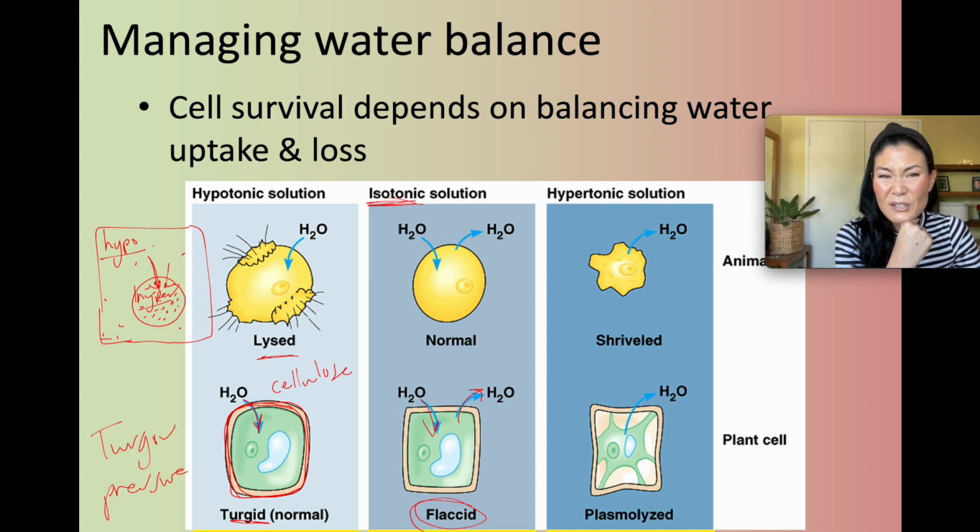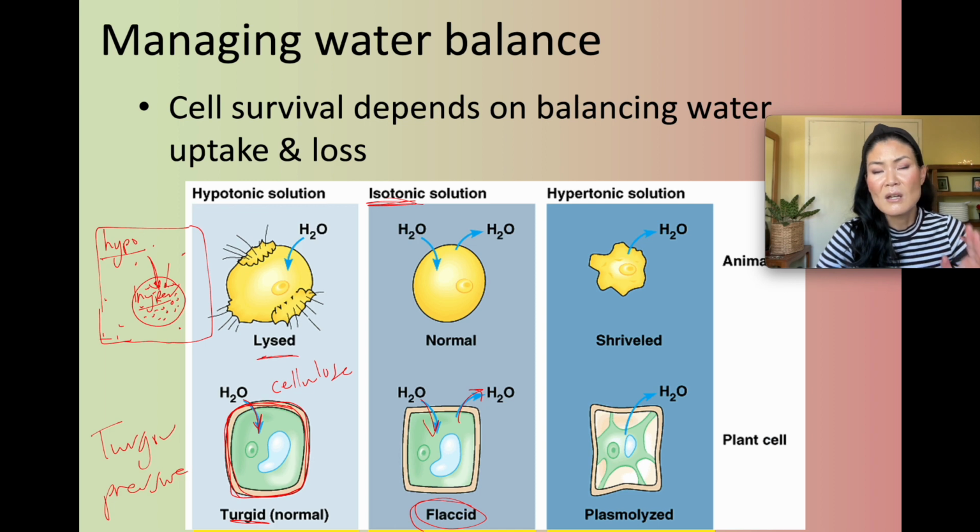And that's not good, right? Because when plants are bent over, they don't get maximum sun exposure for photosynthesis. Plants want to be upright and get as much sun exposure as possible. So a hypotonic solution would be the best possible environment for plants, okay?